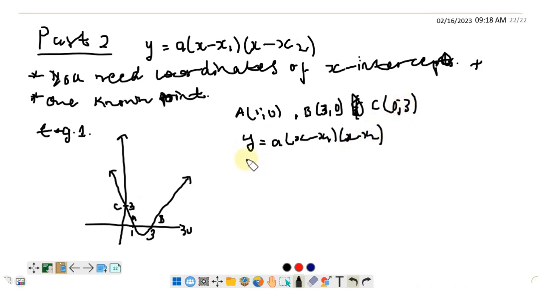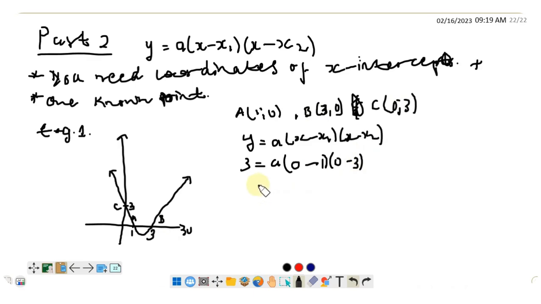So y is 3 equals a into x, which is 0, minus x1. x1 is the first x-intercept, which is 1 from A. Then x, remember I said it comes from the coordinate, x is 0. This is x, this is x, it's the same thing. This one is x1, this is x2, they're different. So x is 0 minus x2. x2 is the second x-intercept, which is 3 from B.